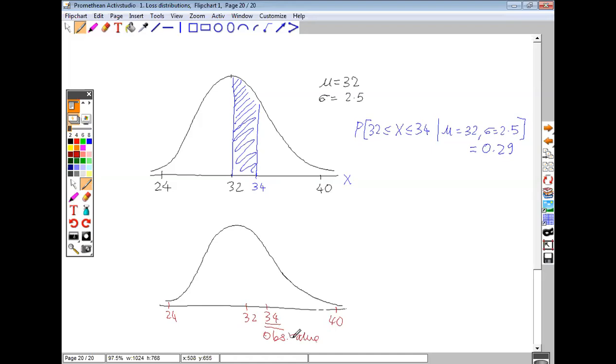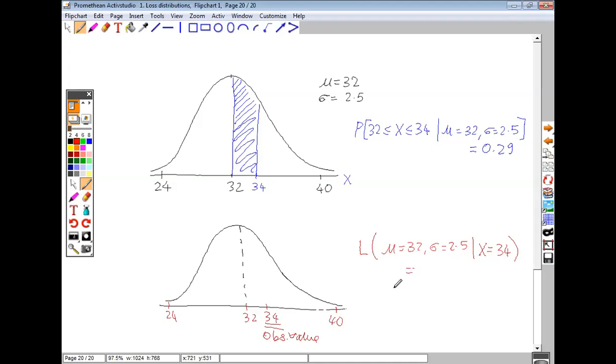Now the question that I am asking is, given that I know the value of my x is 34, which normal distribution curve would fit well? I'm not necessarily saying here that the normal distribution that I have drawn with mean 32 is the best, okay? But this could be one of the plausible distributions that I can have. And the one which I have drawn here in black certainly has mu of 32 and a sigma of 2.5.